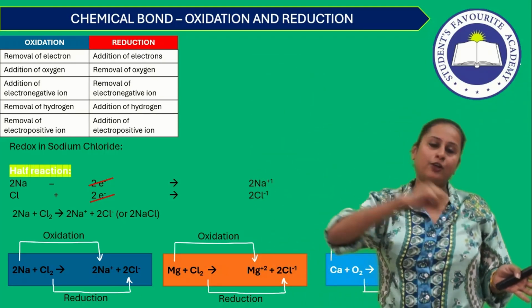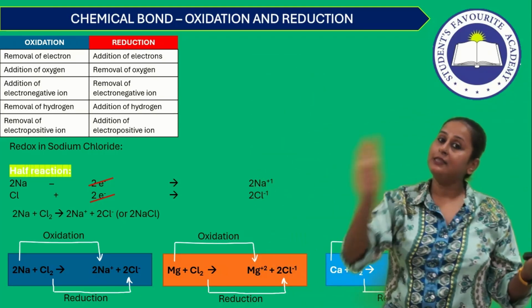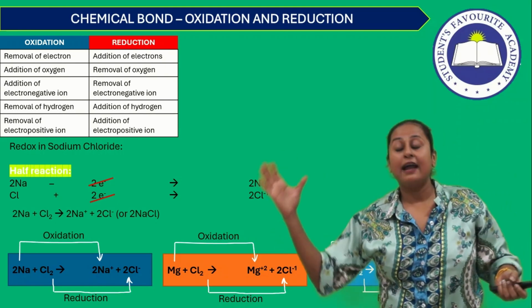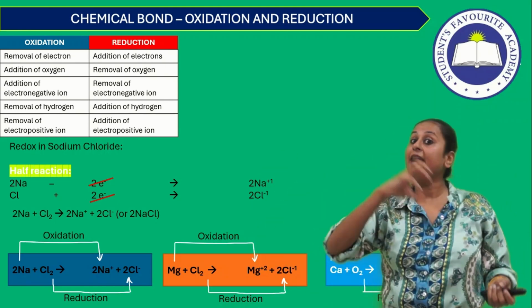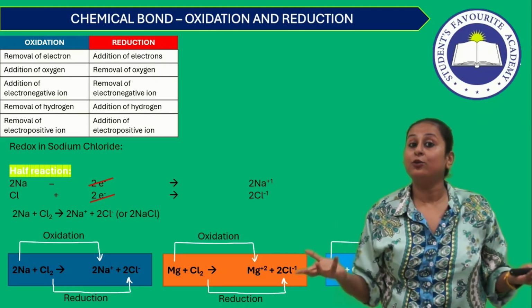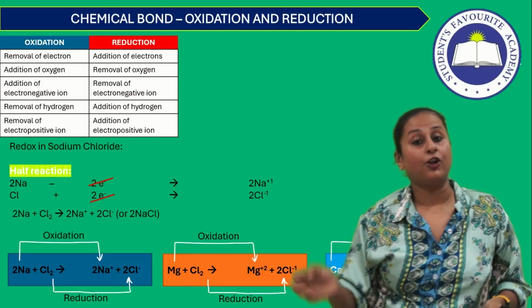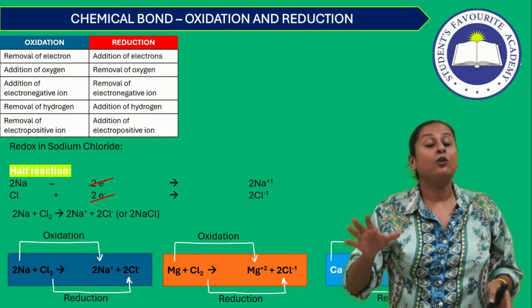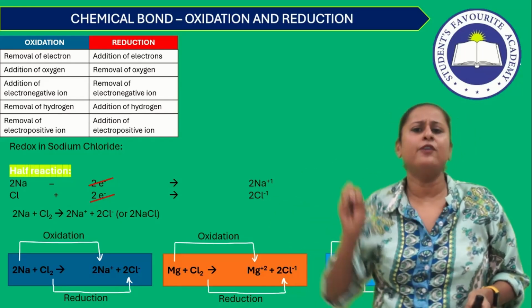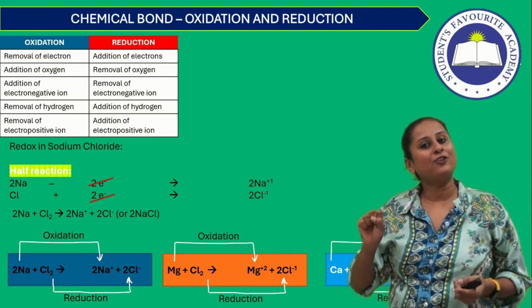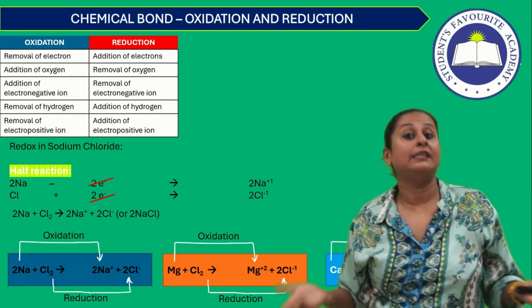So sodium lost electrons, it got oxidized, became a good reducing agent, and chlorine gained electrons, got reduced. So can I call it a good oxidizing agent? Because it attracts electrons, it removes electrons. So gaining electrons by removing them. Gaining electrons is called reduction, but removal of electrons means you become a good oxidizing agent.